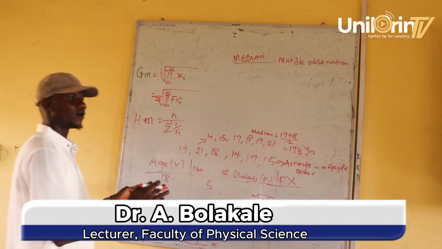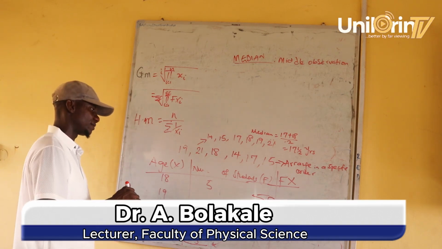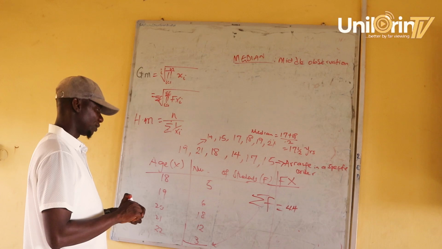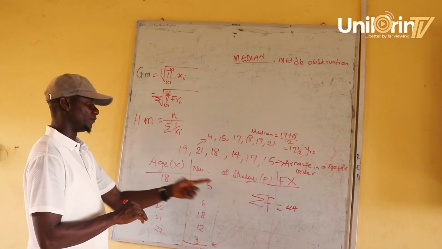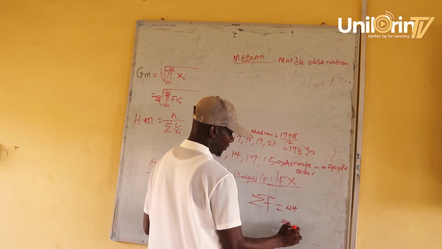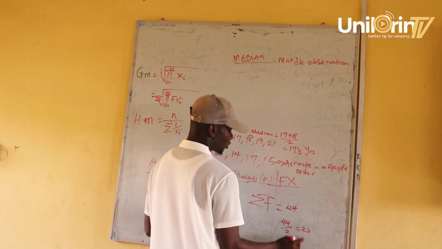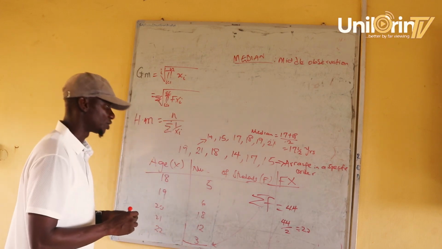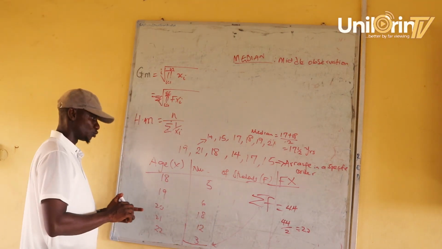If I have 44 observations and I want the middle, I divide by 2, and 44 divided by 2 gives me 22. So the 22nd observation. How do I trace number 22?